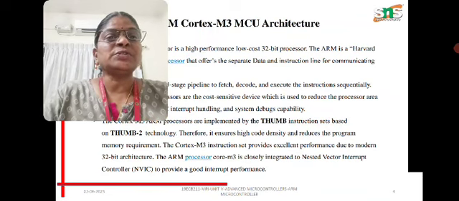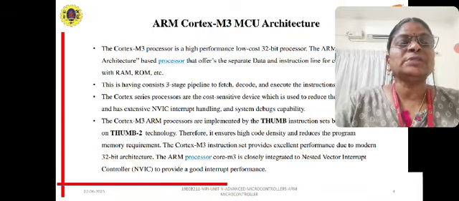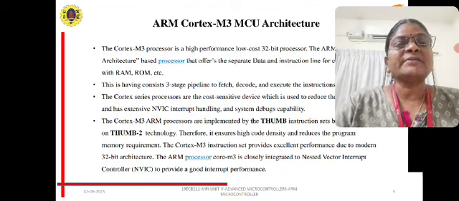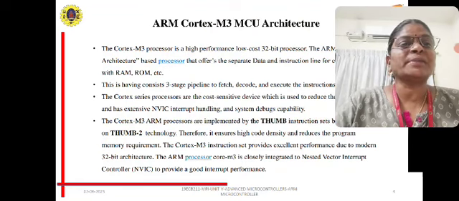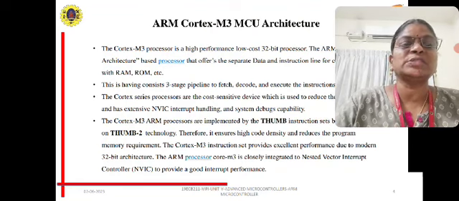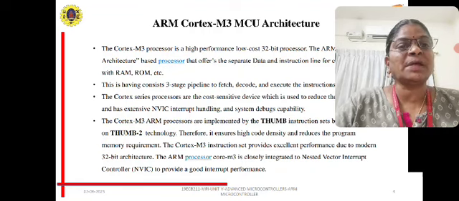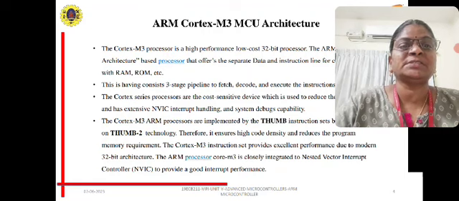Now coming to the architecture of ARM, the Cortex M3 processor is a high performance, low cost 32-bit processor. It consists of a three-stage pipeline to fetch, decode and execute the instructions. The Cortex-M series processors are for cost-sensitive devices, which are used to reduce the delay, and have extensive NVIC interrupt handling and system debug capability.